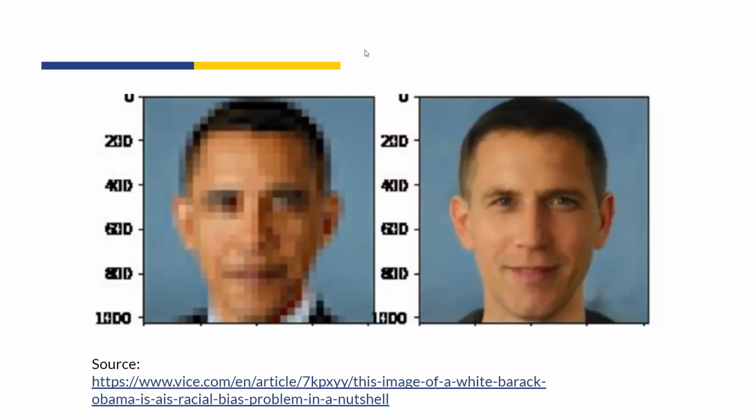The problem here is that when they ran a picture of Barack Obama, which is on the left here, through this learning algorithm, they actually ended up with this image of a white man, which is clearly very inaccurate as compared to what the original picture would look like. The problem here was that their data set, whatever data set they were using to train their model, was likely very biased towards non-minorities. So in essence, the learning model itself became biased because the data set was biased itself.